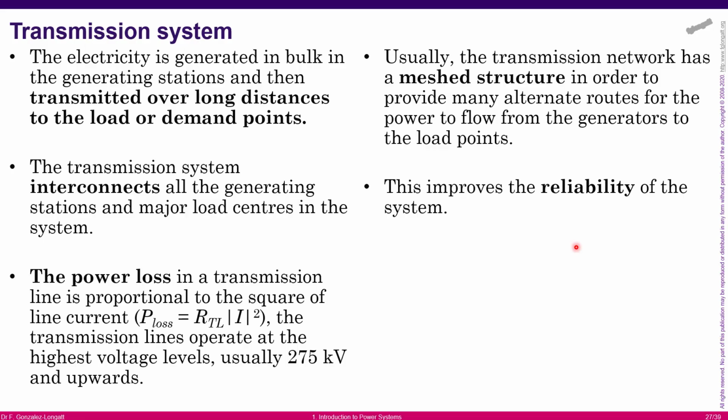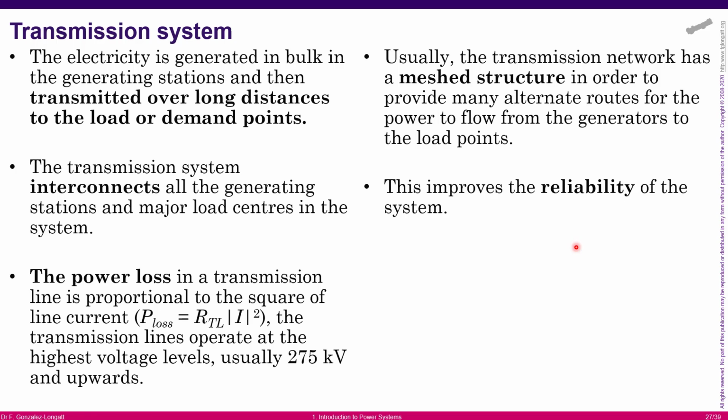Okay. Transmission systems are basically the veins of the electrical power system. Let me forget my medical remark. Transmission systems are basically the wires moving the electricity inside the power system.